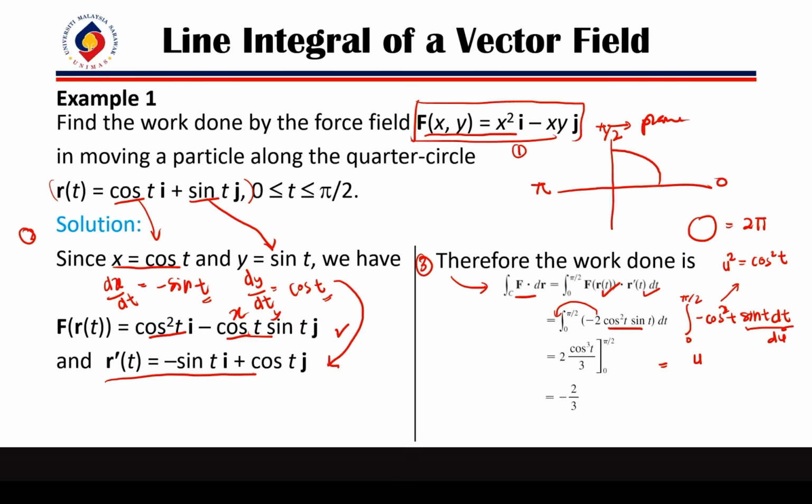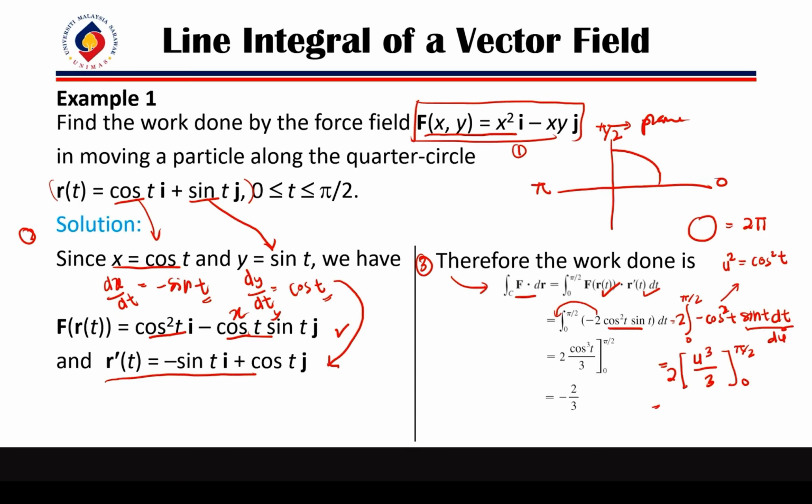U squared, when we integrate, we get u to the power of 3 over 3. So the 2 we put outside previously, and here is 2, so you get 0 to pi over 2.